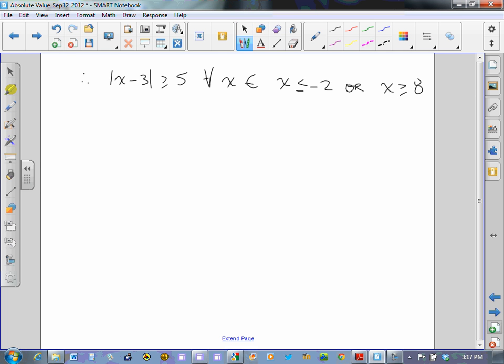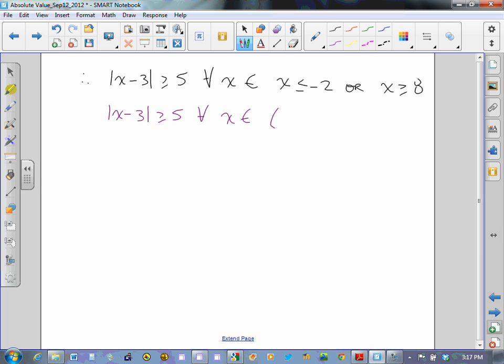In fact, I like this one a lot, because you're going to see it being used throughout the textbook. We could also say that this absolute value inequality is true for all x's, but expressing the x's in terms of interval notation.